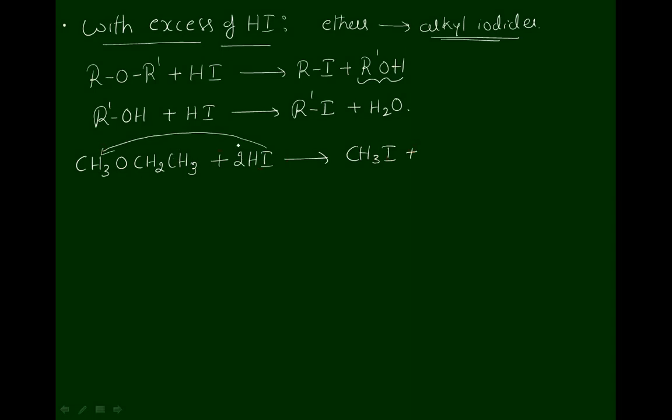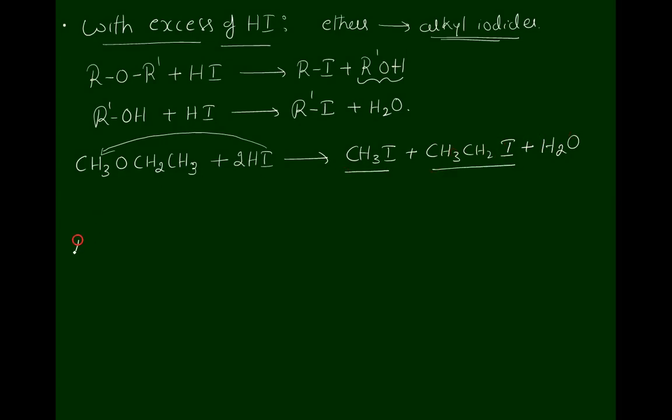Ethanol again reacts with hydrogen iodide to form CH3CH2I plus water. Methyl iodide and ethyl iodide are obtained.